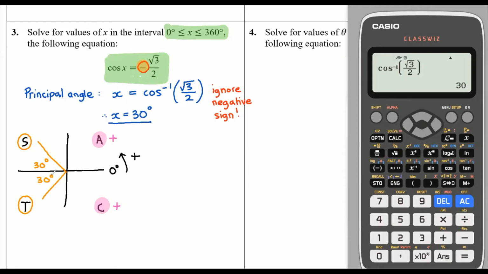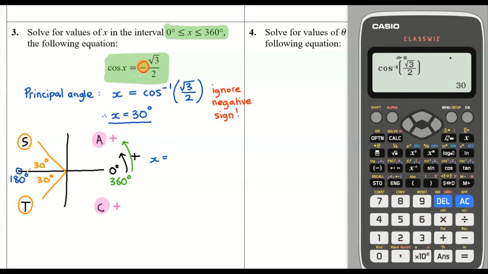And we can now read off all the angles between 0 and 360 degrees. Now remember, of course, if we go a full circle around the cast diagram, when we get back to this point here, we'll have gone 360 degrees. So it's just a case of jotting down all the angles that we find in between. So my x values are going to be, well, if I went halfway to this point here, that's 180 degrees.